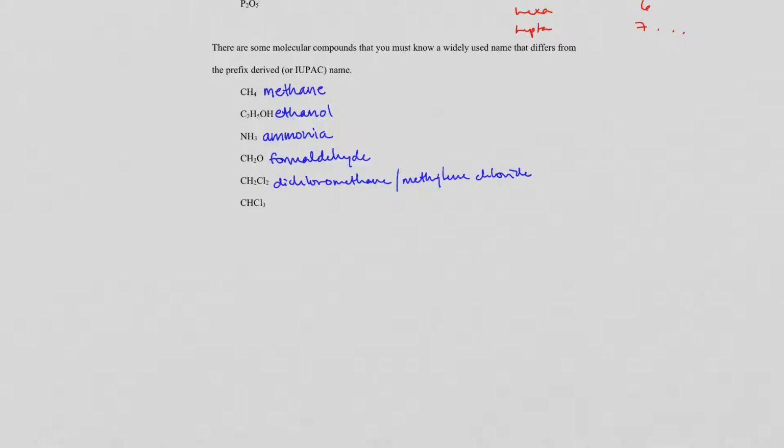And this last one, CHCl3, just for the purpose of knowing the chemical formula for this, this is chloroform.